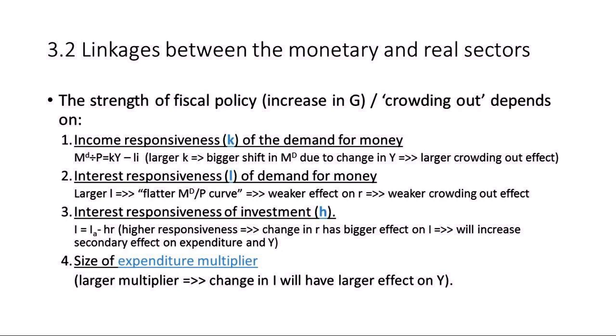You need to know how big is that increase in the demand for money. Similarly, if the demand for money changes, how big is the interest rate response that we get from that? We know that if the demand for money increases, interest rates go up, but by how much? And then, we've talked about this one already, if interest rates change, by how much does investment change? How sensitive is investment to a change in interest rates?